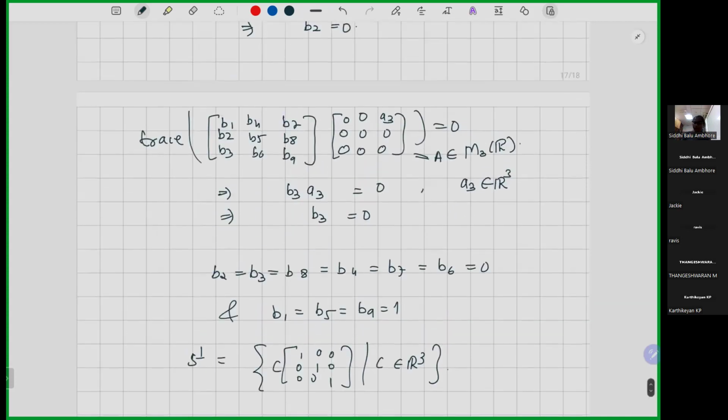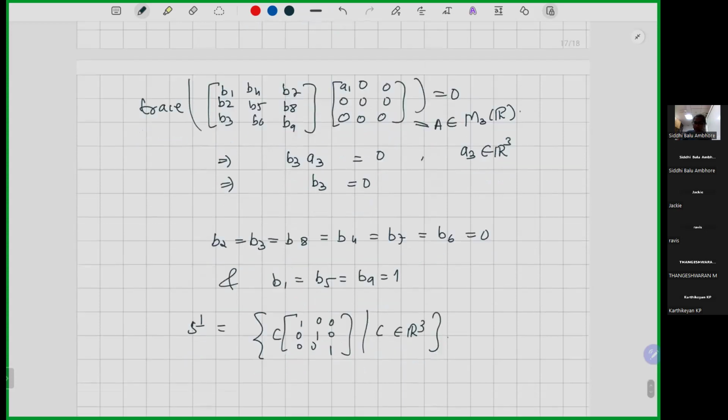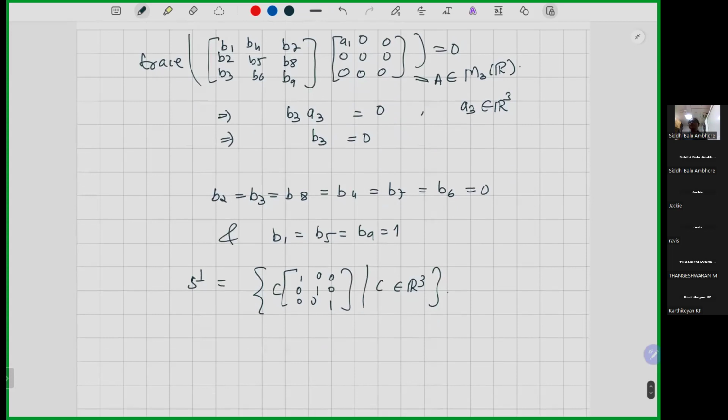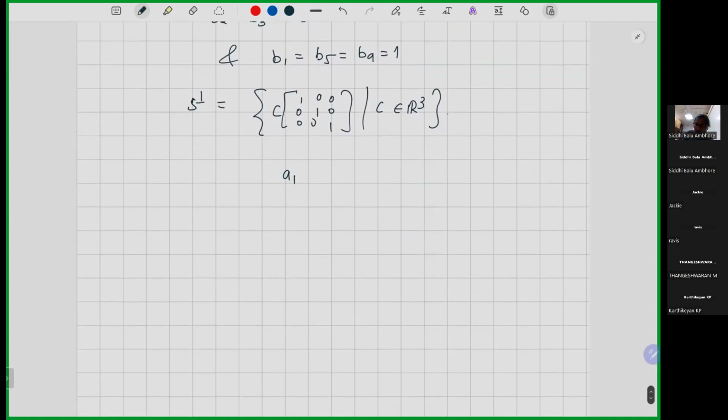But note that when I do this, for example, if someone says that A4 and A1 here are 0, and A1, if I do this, then this matrix is no longer in S. Okay, if somebody wants to say that I can just do now B1 A1 is equal to 0, and this implies B1 is again 0, this is not true because A1 is in R.